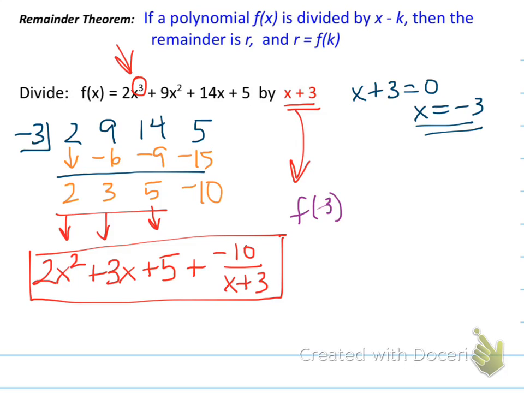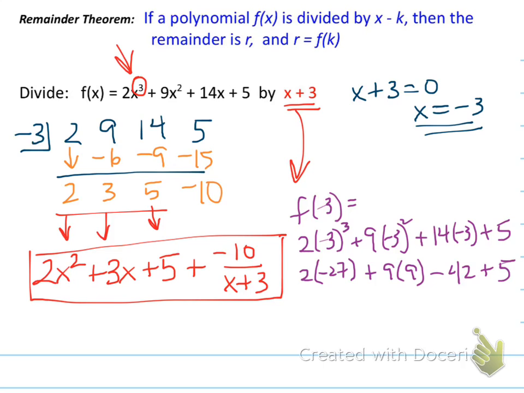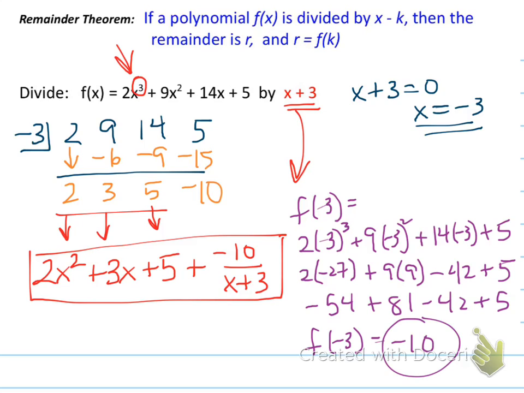And so just to show you what the remainder theorem states, if we were to take that negative 3 and find out what f of negative 3 is, substituting negative 3 in for x, and doing the order of operations and simplifying this, we would get negative 10, which is what that remainder was, what we would have gotten in our previous section when we used synthetic substitution.